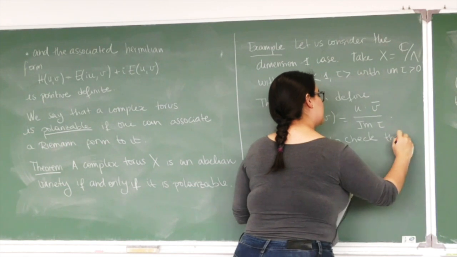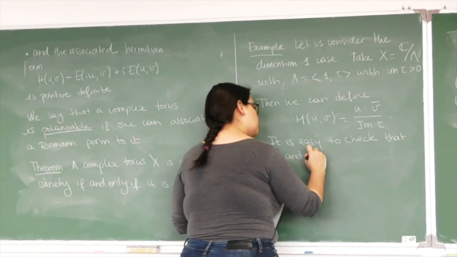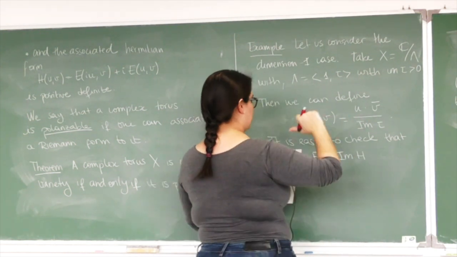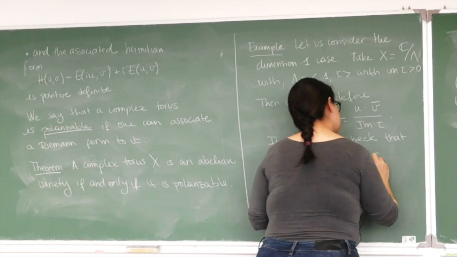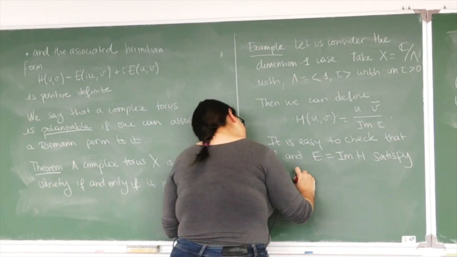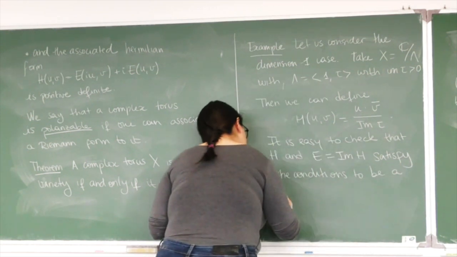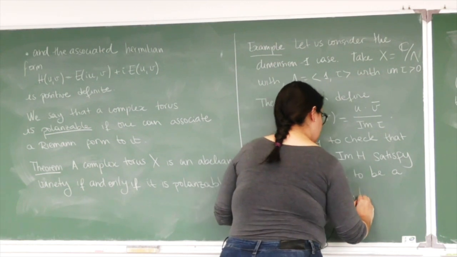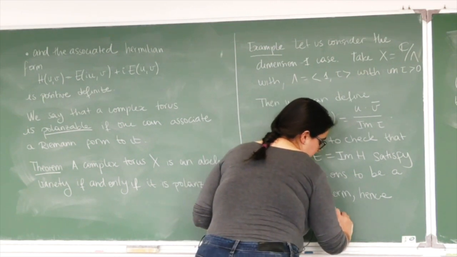And E here is nothing else than the imaginary part of H. Here we had defined it the other way: from E we had gotten H. This is how you get E from H. That H and E satisfy the conditions to be a Riemann form, hence X is an abelian variety.